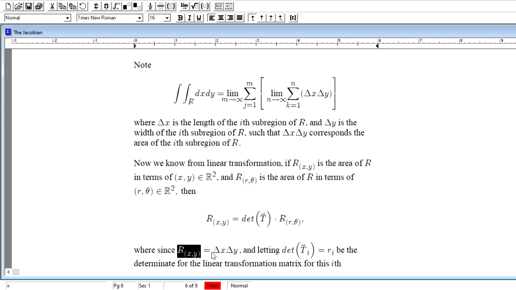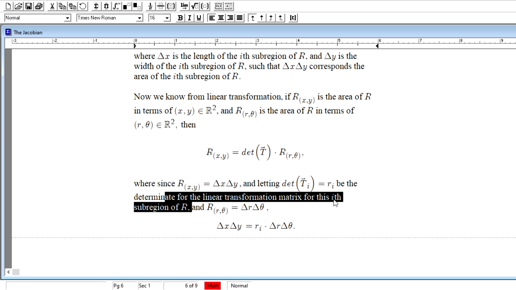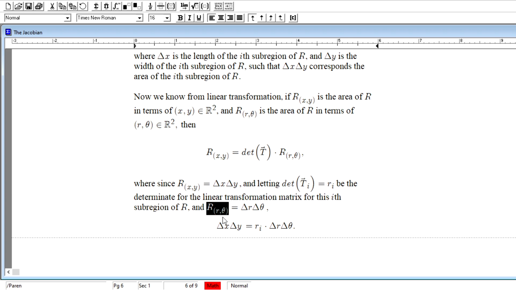Since the area of region R here is represented by delta x times delta y, and letting the determinant of T bar sub i equal r sub i be the determinant for the linear transformation matrix for this ith subregion of R, and letting R of r comma theta equal delta r times delta theta, this implies that delta x times delta y, the area for this ith subregion of R, must equal r sub i times delta r times delta theta.